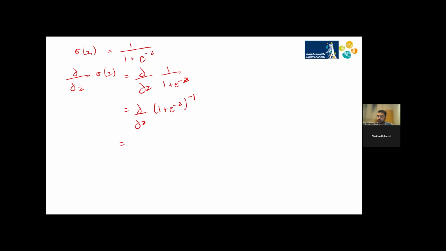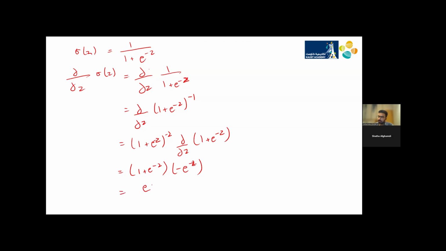All right, and now we can just use the simple power rule. So if we apply the derivative power rule here, this would be minus 1 plus e to the power minus z, to the power minus 2, and then d by dz of 1 plus e to the power minus z. And this would be 1 plus e to the power minus z times minus e to the power minus z, because the derivative of 1 is 0 since it doesn't contain z, and the derivative of e to the power minus z would be minus e to the power minus z.